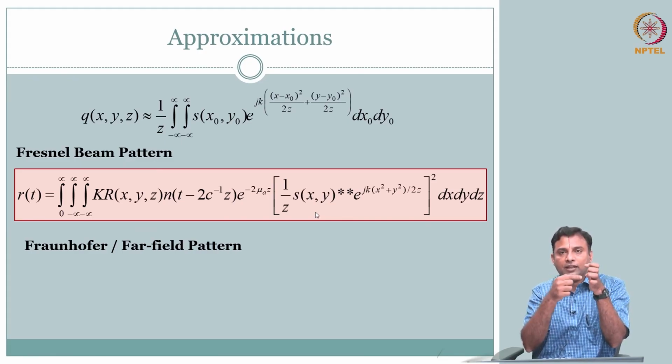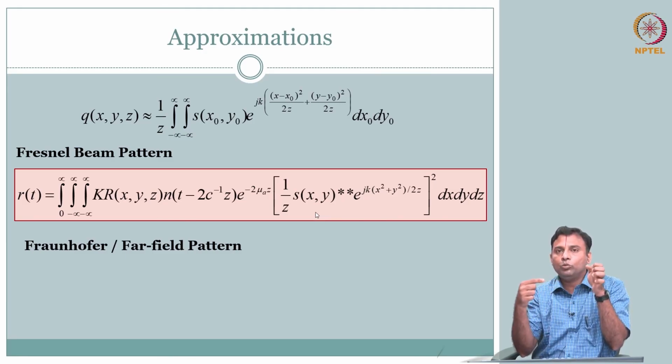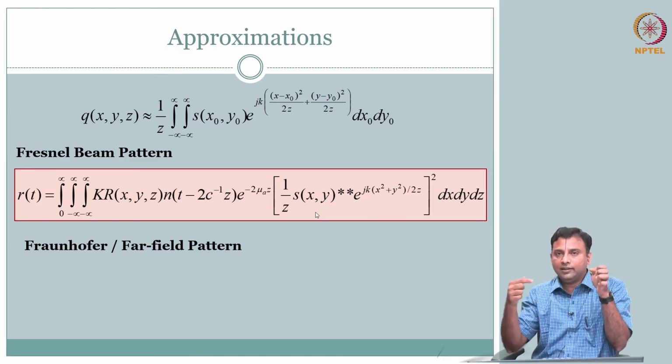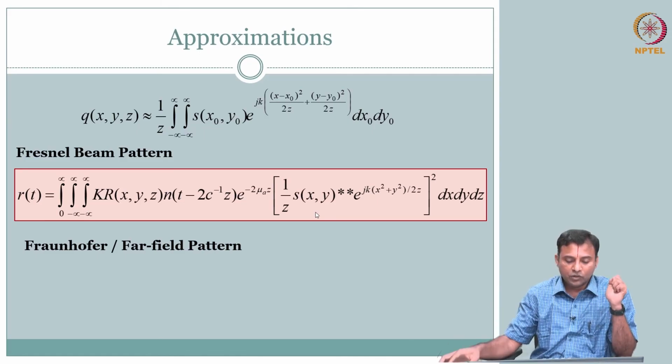So in the near field, essentially when you are close to the transducer, you are going to have contributions from all the surface along with the point which is the closest. As you start to move away, the influence of all the others starts to diminish. Okay. So the Fresnel beam pattern is complicated.